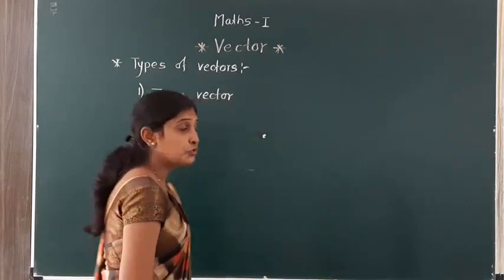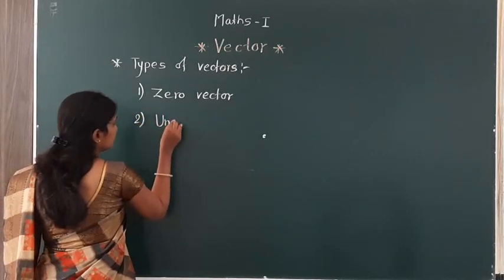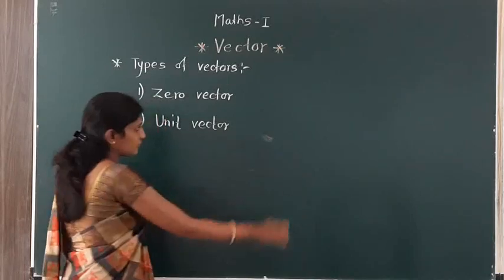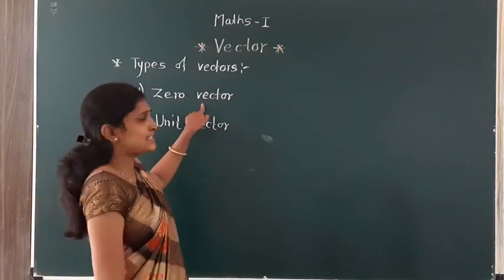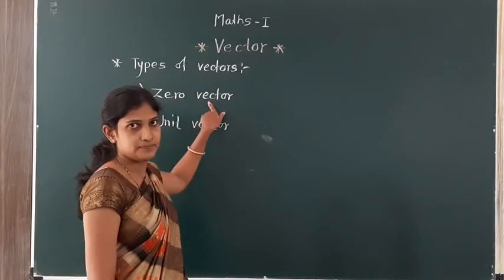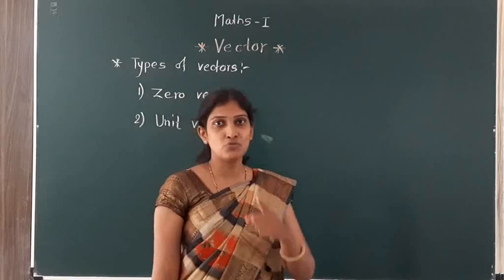Second type is unit vector. Zero vector, its magnitude is zero. Similarly, what is a unit vector? Unit means 1.